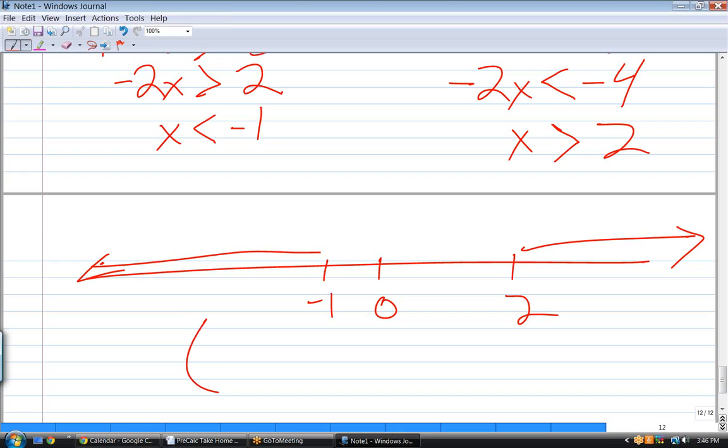Right, so it would be negative infinity in parentheses, negative 1. That's what's in parentheses. And this time, I need a parentheses on the negative 1 because there's no equal sign there also. It's just less than negative 1.